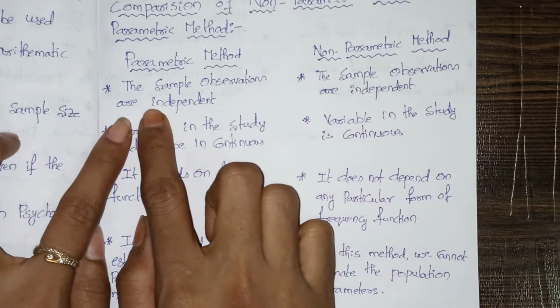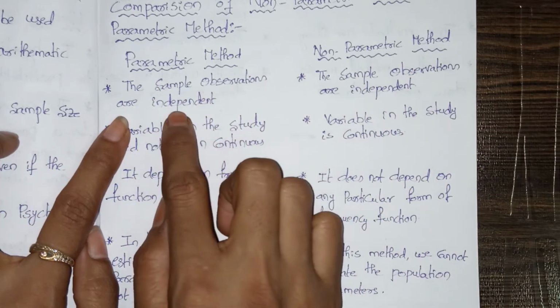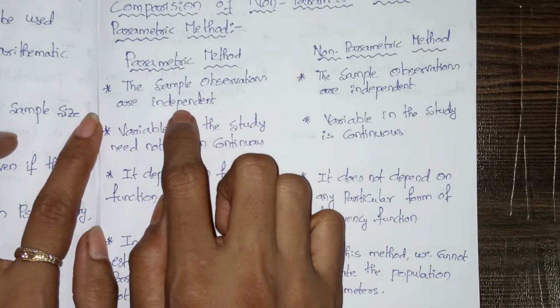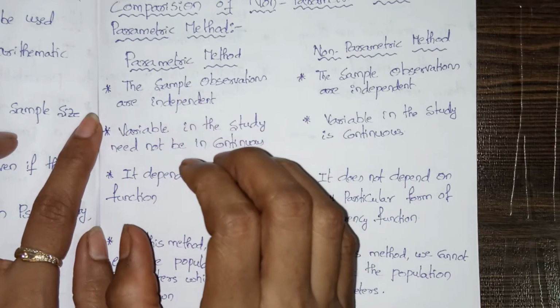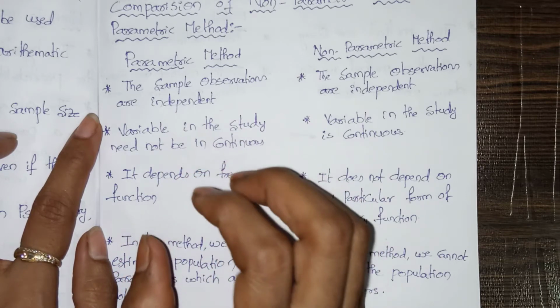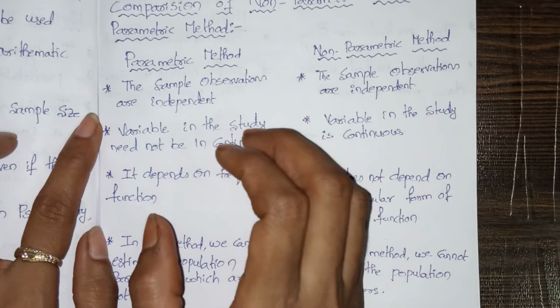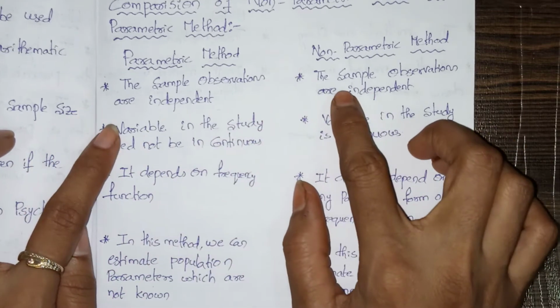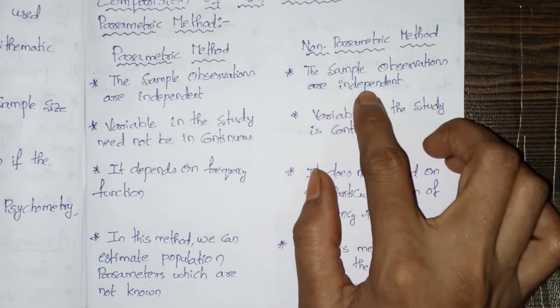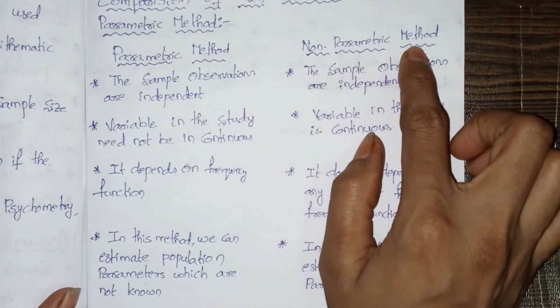See the first point, the sample observations are independent. Here the collection of sample observations are independent, they don't depend on anything, or we don't follow any criteria. Here also the same point, the sample observations are independent, this is in non-parametric method.